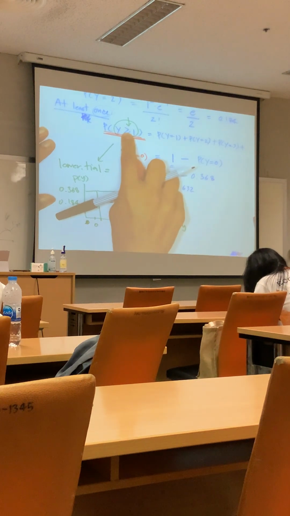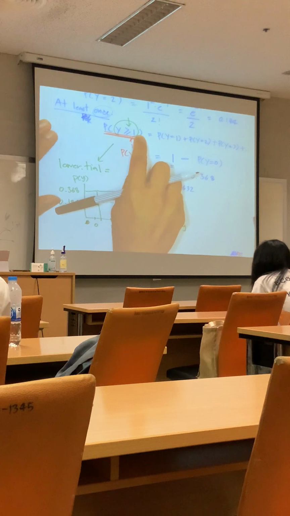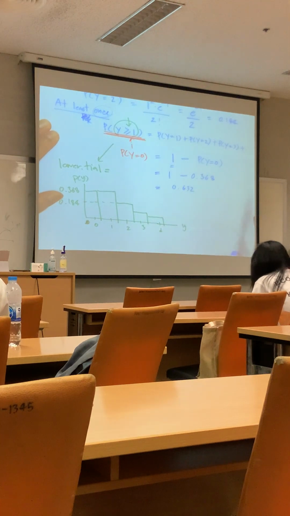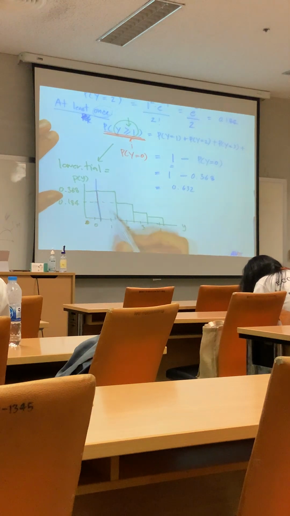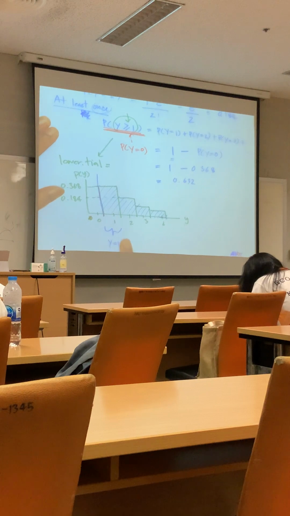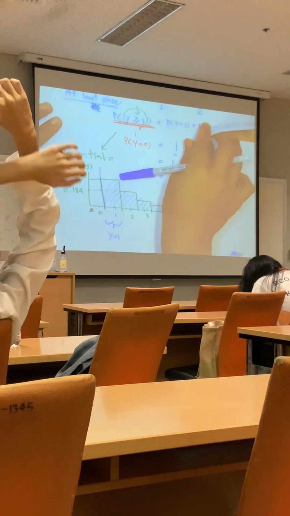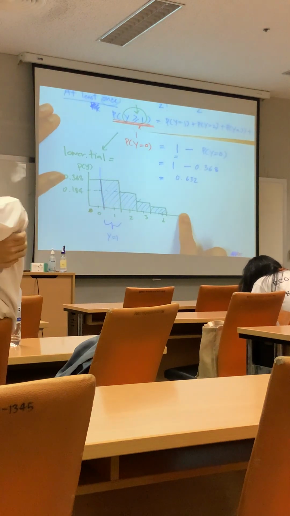Now we want 1. We want y greater than or equal to 1, so we want something like this. We want to start with 1, and then we want something equal to 1 or more than 1.